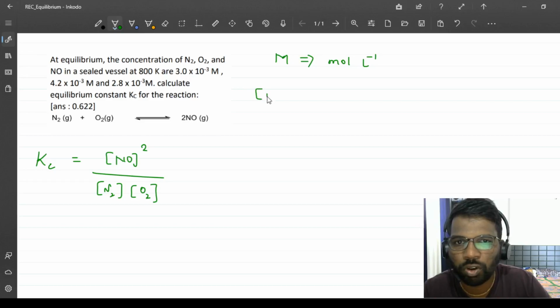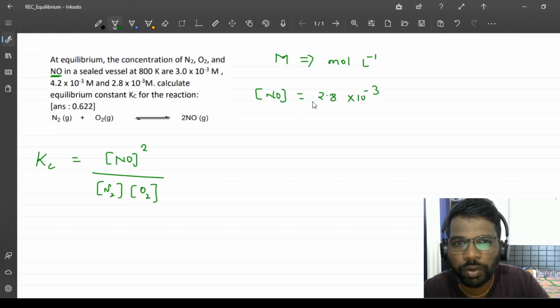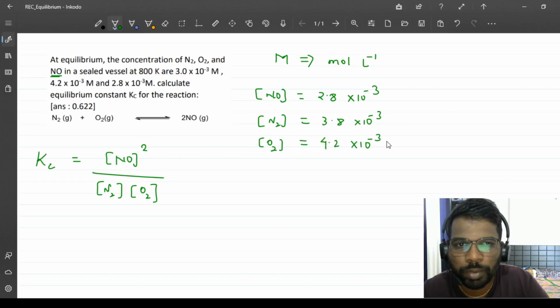The concentration of NO is given as 2.8 into 10 raised to power minus 3. The concentration of N2 is 3.8 into 10 raised to power minus 3, and the concentration of O2 is 4.2 into 10 raised to power minus 3.